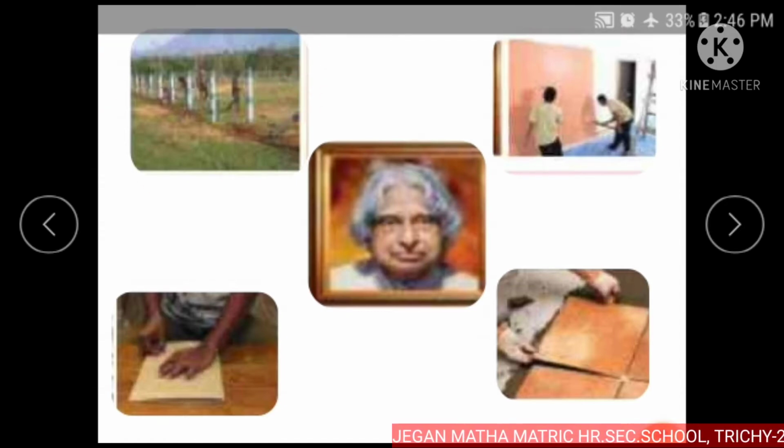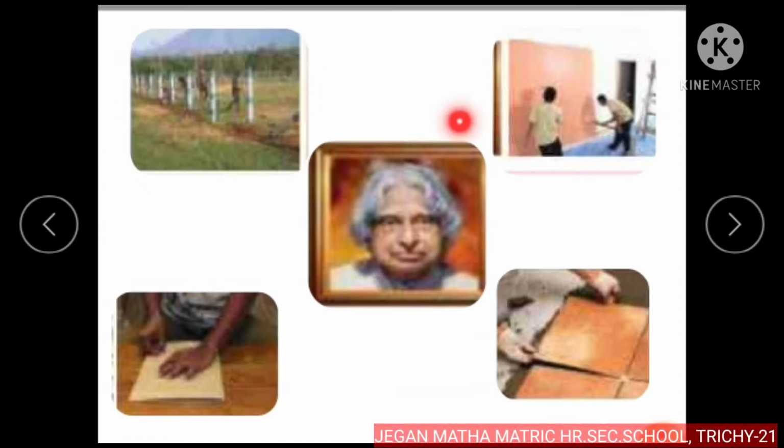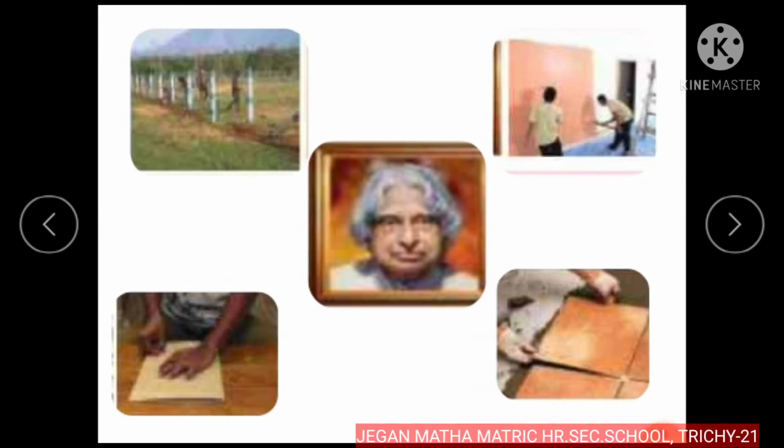For example, a fence built around a land, frame of photograph, calculating the surface of the wall to know the quantity of paint required, wrapping the textbooks and notebooks with brown sheets, calculating the number of tiles to be laid on the floor.